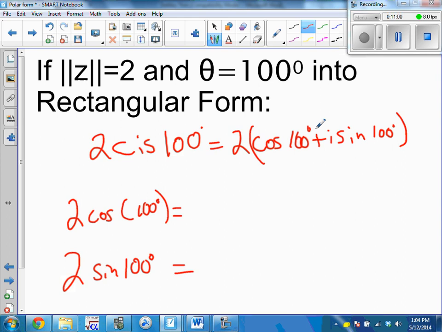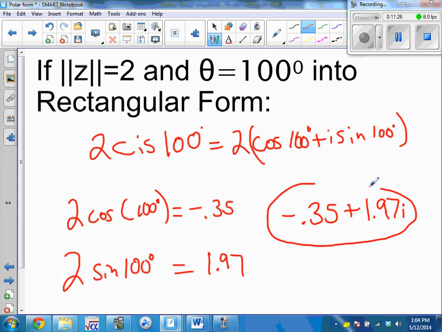And 2 cosine of 100 is negative 0.35. 2 sine of 100 is 1.97. So this would be the point negative 0.35 plus 1.97i.